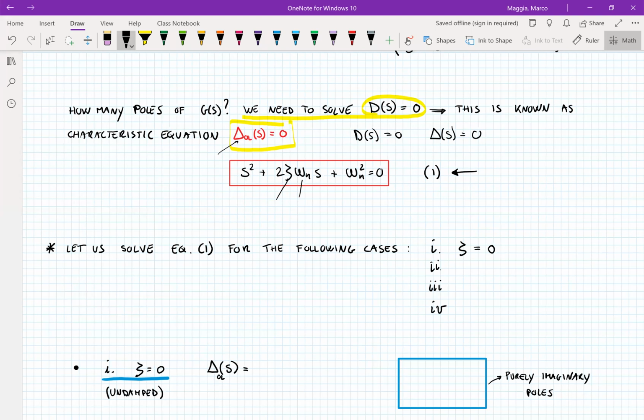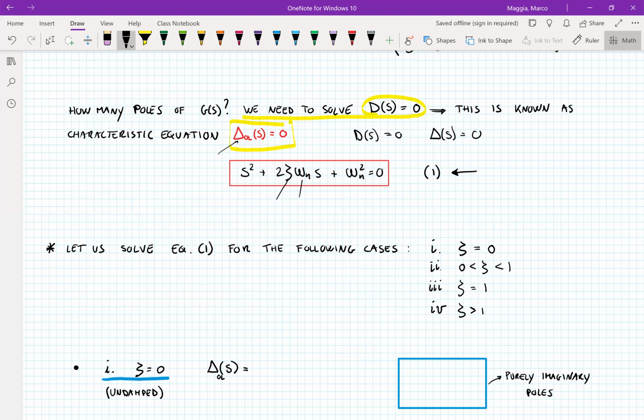Then we're going to consider the case in which zeta is between 0 and 1, and this is known as the underdamped case. Then case number 3 is when zeta is exactly equal to 1, and this is known as the critically damped case. And finally, when zeta is greater than 1, we're going to have the so-called overdamped systems.